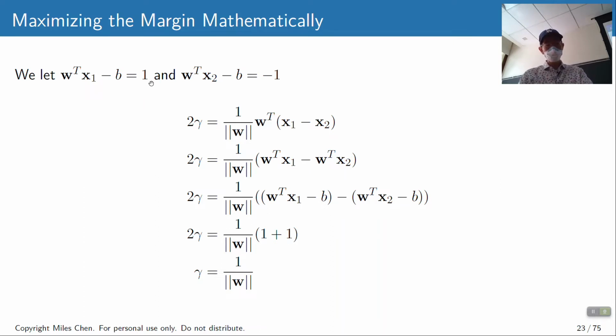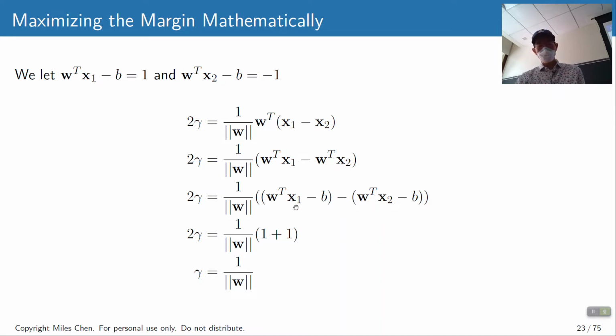So if I plug those in and move some things around, I've got w transpose x1 minus x2, and I can expand that out: w transpose x1 minus w transpose x2, all right? Here I'm allowed to subtract b from over here and subtract b from over here, because I'm subtracting a b and adding a b, and I'm not going to affect what's happening.